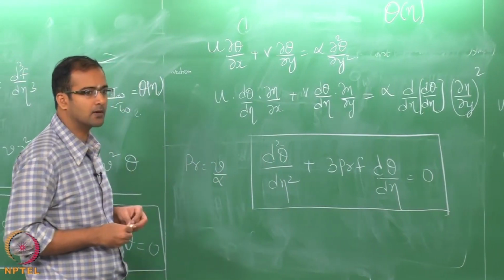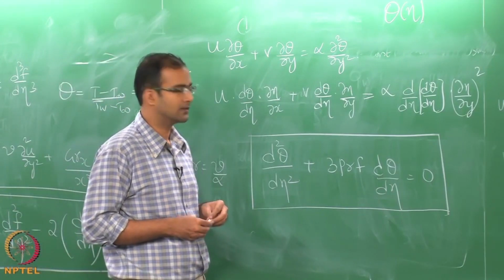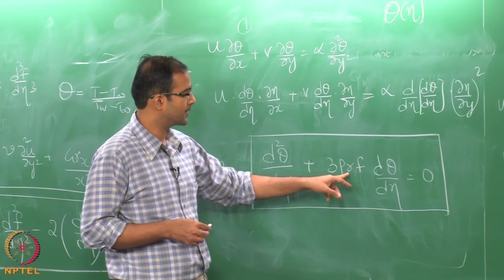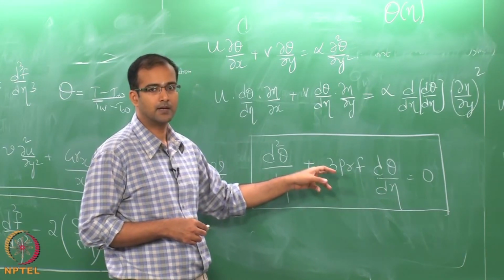So in the case of Pohlhausen's solution for flat plate external forced convection, there was Pr into f by 2. So now we have modified this.